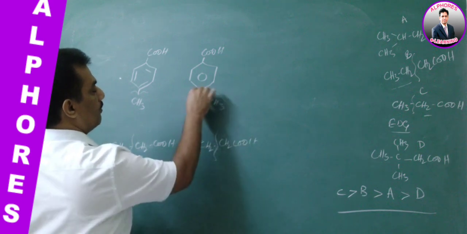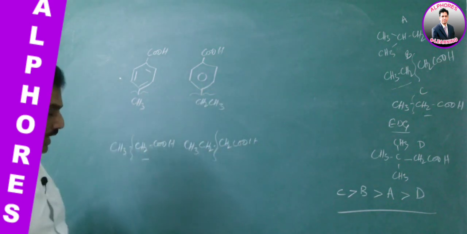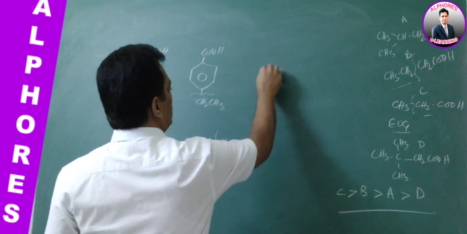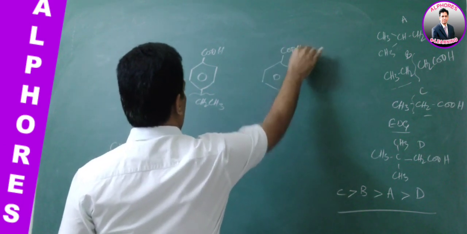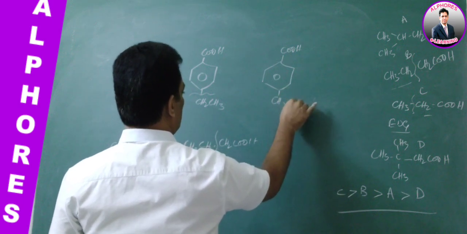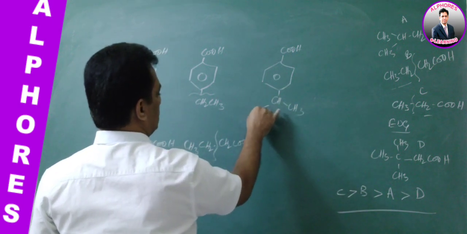Now again we can compare the groups, and one more has an isopropyl group at the para position, like this.